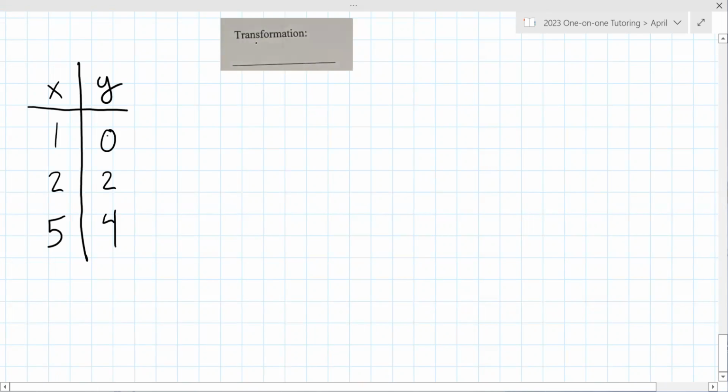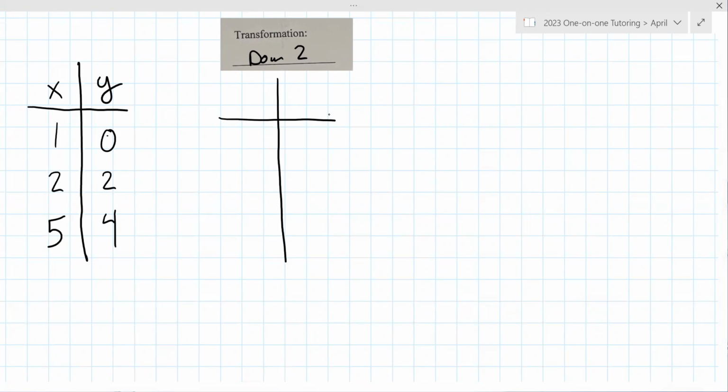All right, the next transformation is down 2. Does this affect the X or the Y value? It affects the Y value. I agree.